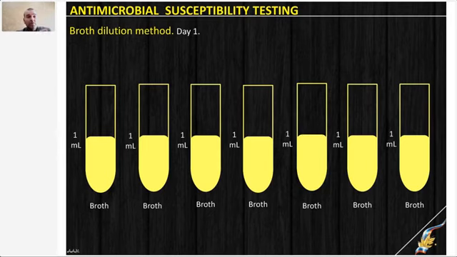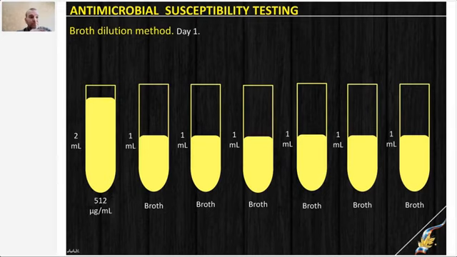So in the classic manner, you need to prepare the required amount of test tubes and add 1 milliliter of broth in every test tube. Sterile with no antibiotic, no bacteria, nothing, only broth. And in the first test tube, you will add 1 milliliter of antimicrobial solution with concentration 1024 milligrams per liter.